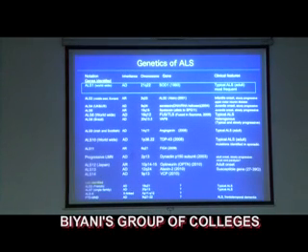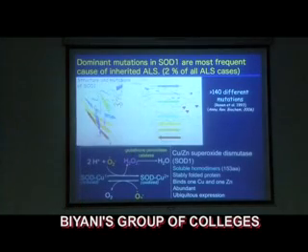We also learn many things from the genetics of ALS. Initially, the only responsible gene for ALS was SOD1, which was discovered in the early 90s. But since then, more than 10 different responsible genes have been identified.